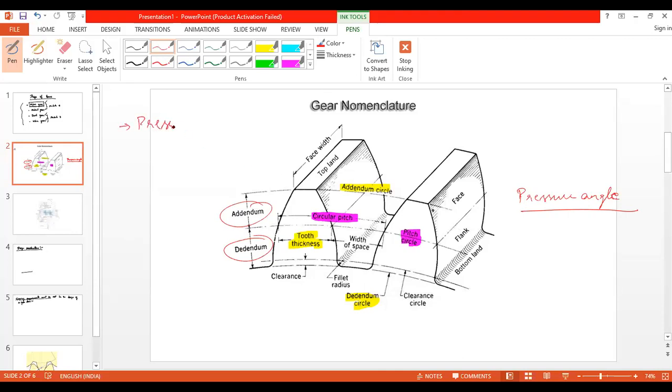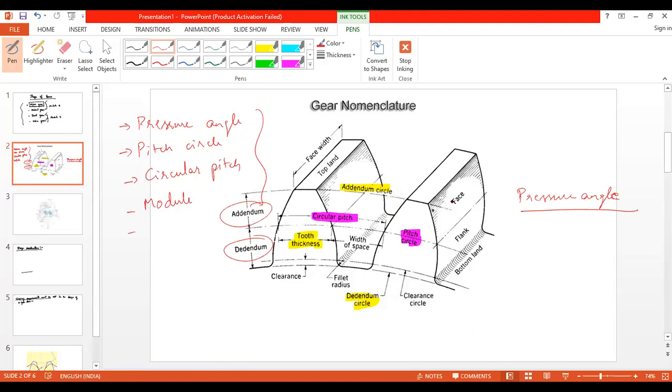One is pressure angle, and pitch circle, and circular pitch, and module. Okay, these are some of the important parameters which we use in design of gear.